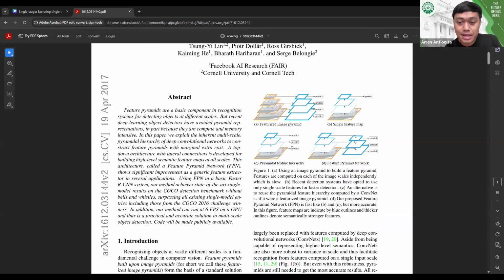The main idea being, this is the feature pyramid network, and it's being compared to different ways of fusing together different features. So this is FPN, not BiFPN, and I think this is the inspiration of how they did BiFPN.